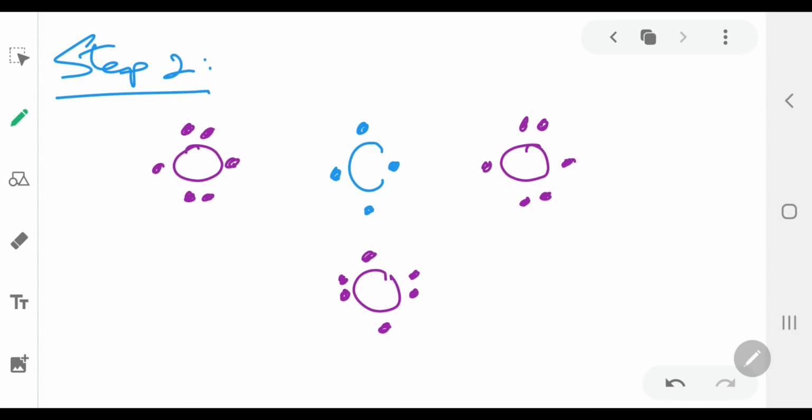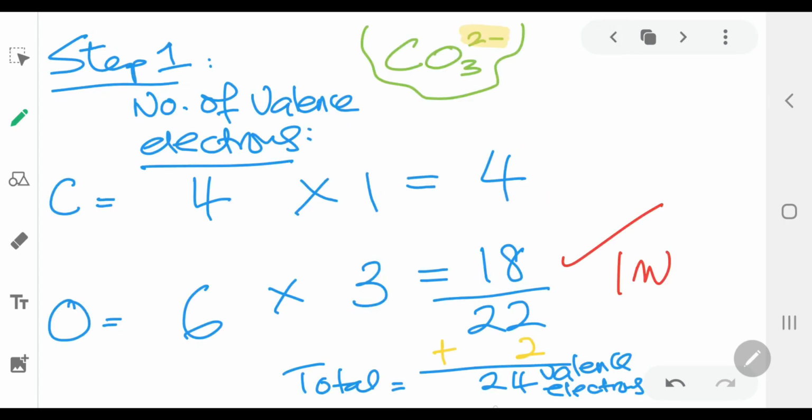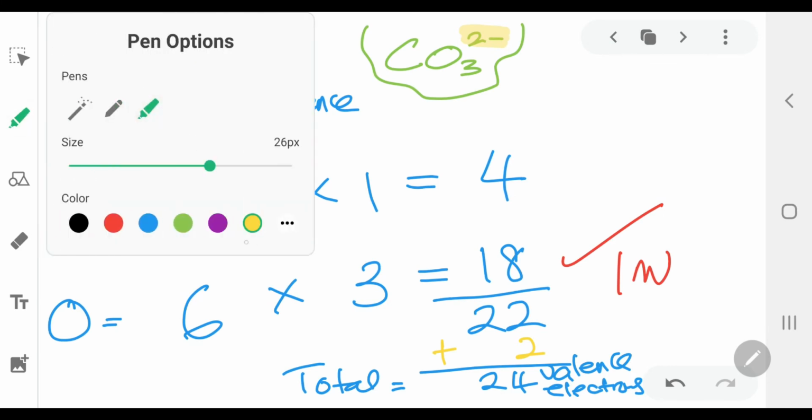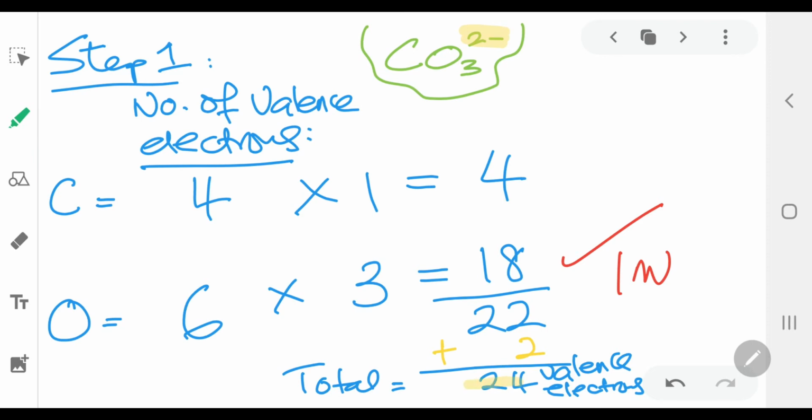So when you count all of the valence electrons over here, it is not the same as what you have in here, which is 24. You get 24 right there.